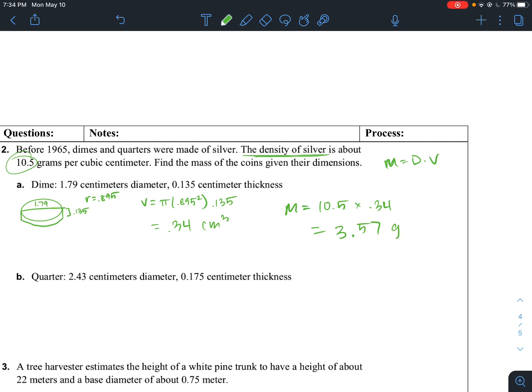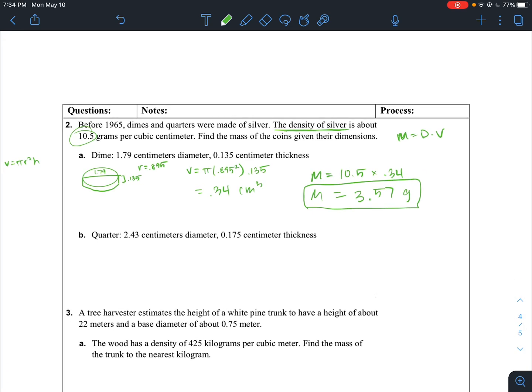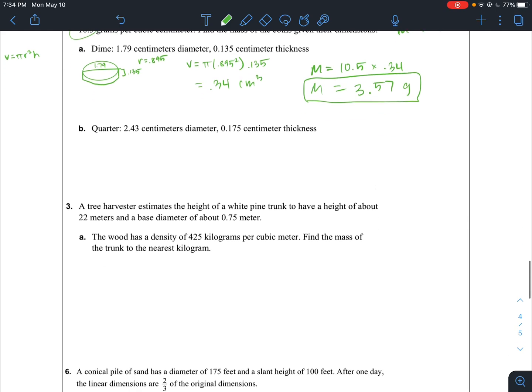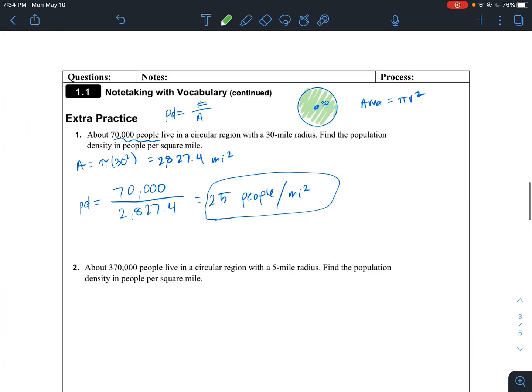So that is the mass of a dime. Okay, now go ahead and see if you can do the same thing with the quarter. Find the mass of the quarter here. Okay, and that should pretty much do it for all of 1.2.